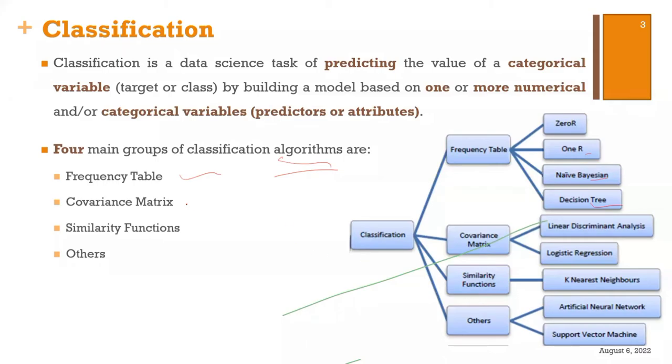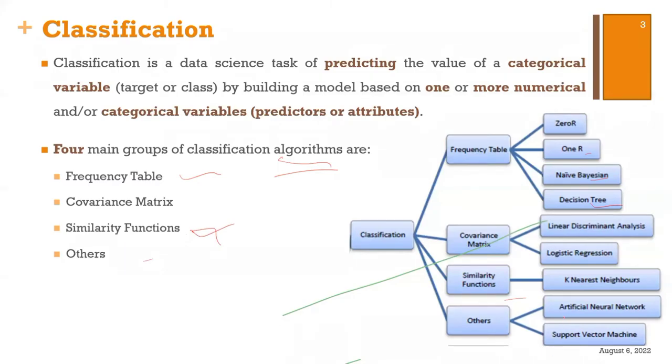Then we have the covariance matrix, like linear discriminant analysis and logistic regression. Then we have the similarity function, like k-nearest neighbor, which is the one we are going to discuss briefly today. And then we have others.